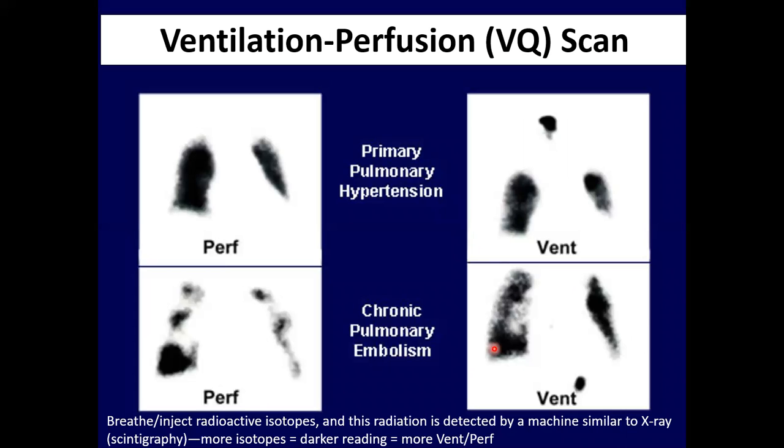Okay, and so we can measure ventilation and perfusion with a VQ scan. And so essentially what this imaging technique involves is breathing in a radioactive isotope, so not dangerous, but an isotope that will essentially show up with a machine and give us a pattern of essentially where air is flowing, right?